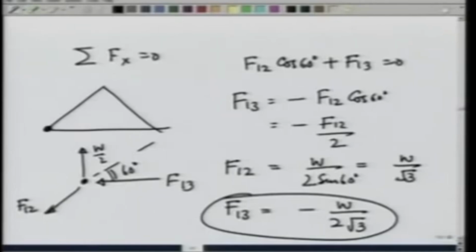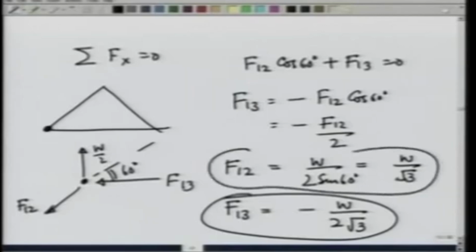I have found the force on member 1, 2. To find the force on the third member, that is F 2, 3, I have a choice. Either I can go to this point or this point and consider the equilibrium conditions there.